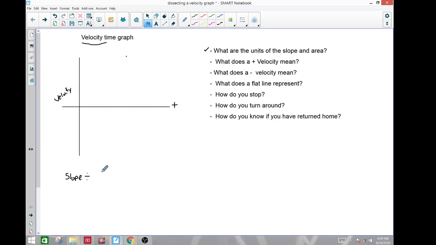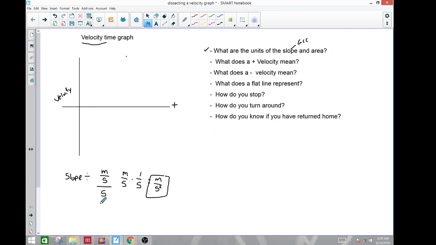So slope is meters per second, and we're going to divide this guy by seconds. When you multiply the fractions out, you get meters per second times the reciprocal, which is 1 over seconds, equals meters per second squared. All right, so the slope, we should be aware of that guy, is acceleration. Okay, and the slope represents acceleration.